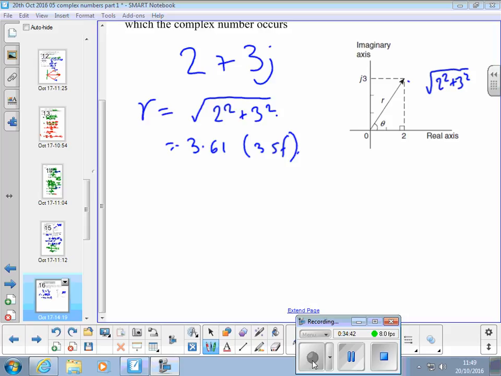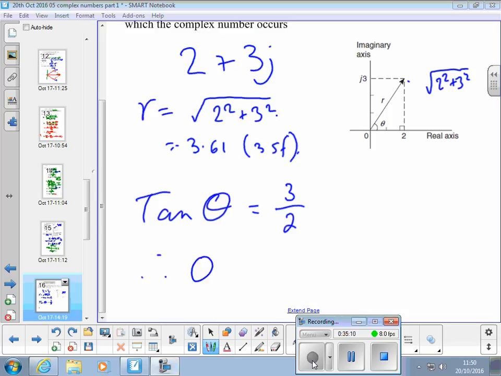So, how do I find that angle, Paul, without the calculator? I do it like this. Tan theta is the opposite side of that triangle, the length of that line, which is 3, divided by 2.